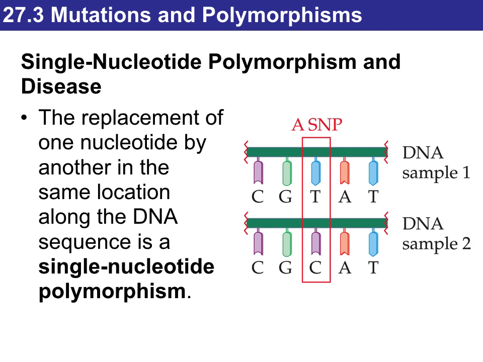And just showing you right here, single nucleotide polymorphism and some diseases. If you just replace one nucleotide by another in a specific area of the DNA, this is what we call a single nucleotide polymorphism. Here you see that T, thymine, is replaced with C, cytosine.